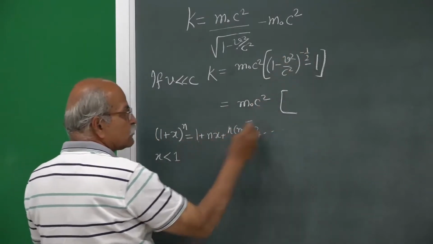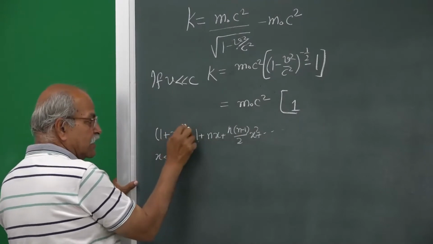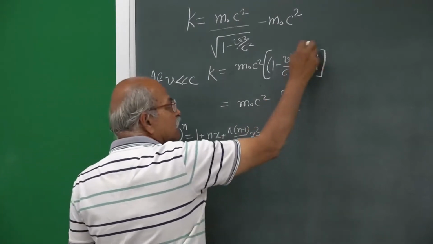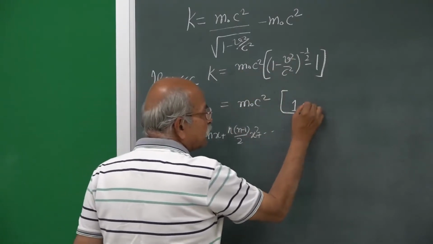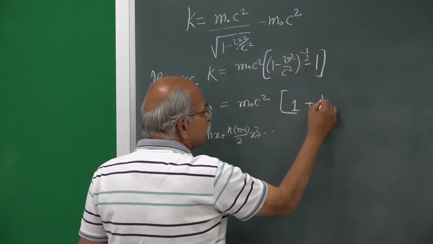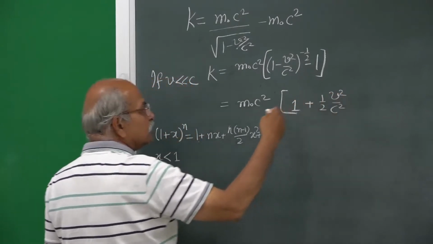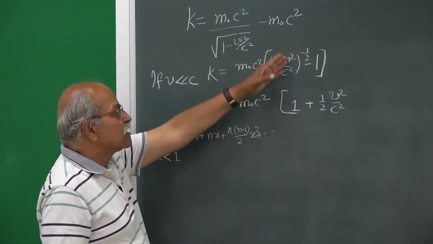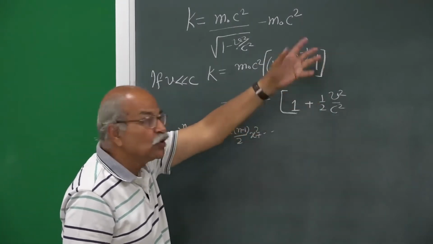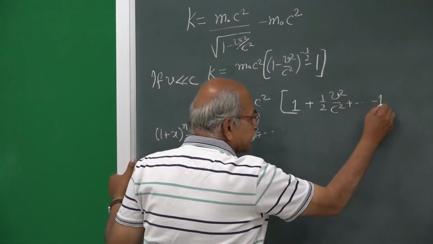So, first term is 1, good. Next term is plus n x, this exponent and into this x. So, this minus half into minus v square by c square. So, it will be plus half into v square by c square, and then the higher terms x square, x cube, so v square by c square squared and cubed and all those things, and minus 1 is here.